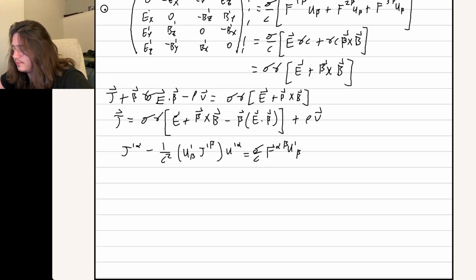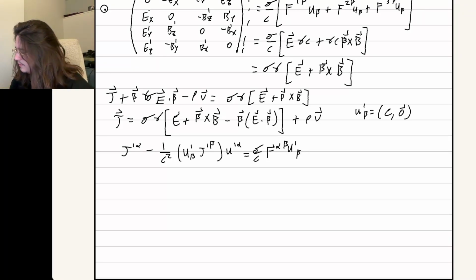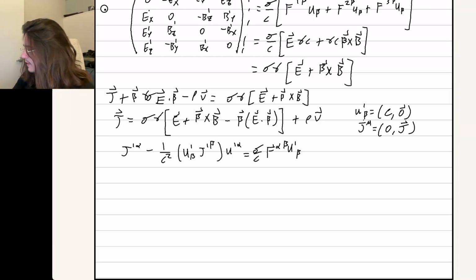In the rest frame, the four-velocity we already said was c times nothing, and then the 0, 3-vector. And then we're setting the current density four-vector, so the four-current. Usually there would be a rho prime times c in the time component, but we're setting rho prime to 0, so that's 0, and then this is the 3-vector J. So if you take a dot product of these, you're just going to get 0.